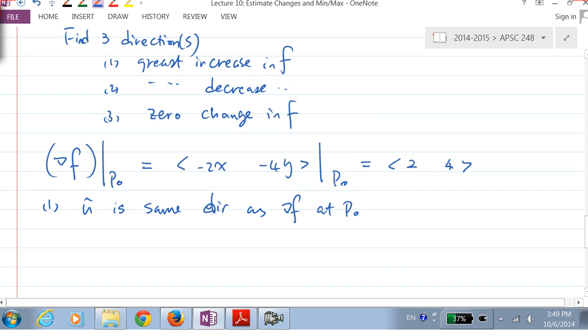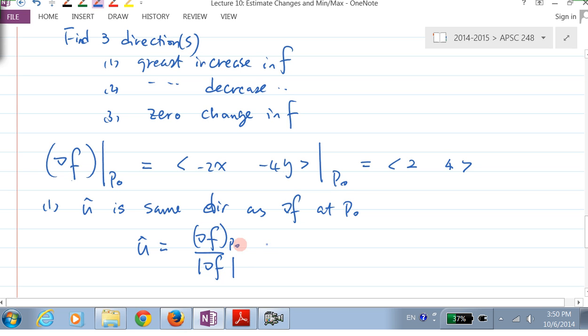You already calculated del f; all you need is a direction the same as del f. So what do we do? How do you get the u hat? Exactly, just normalize that at the P naught location.